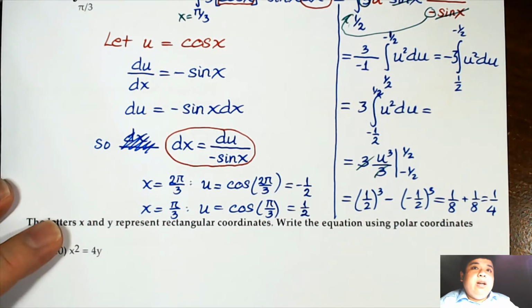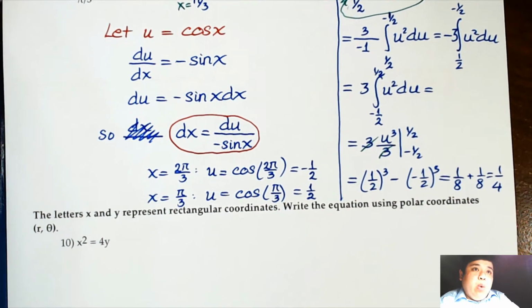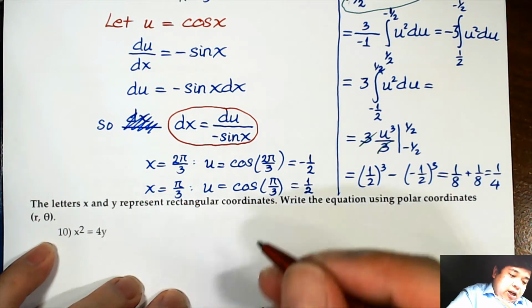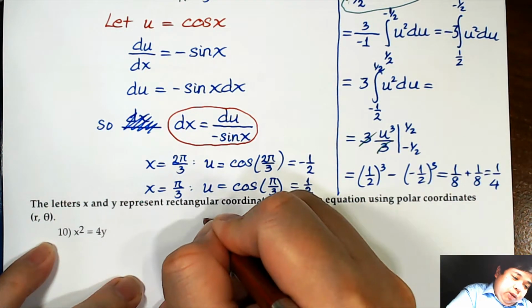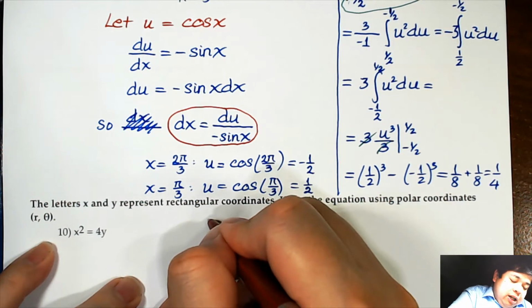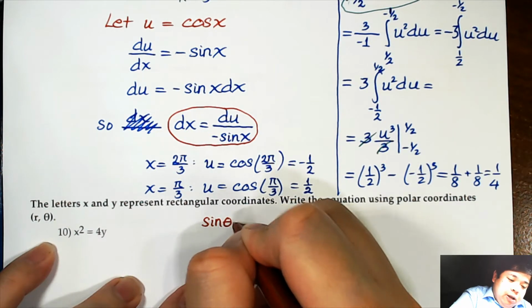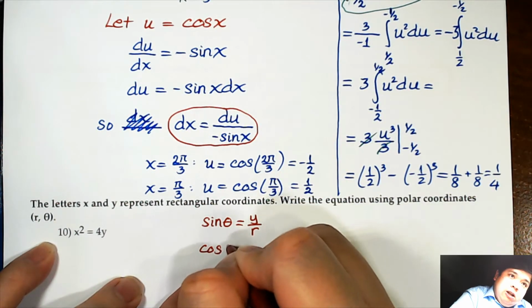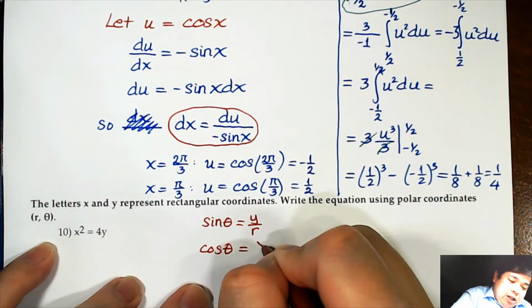And finally, the last problem, we convert between rectangular and polar. So a few things. The way we define the trig functions, sine is y over r, and cosine is x over r.